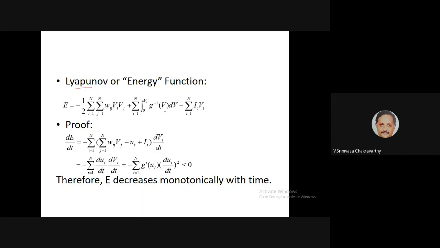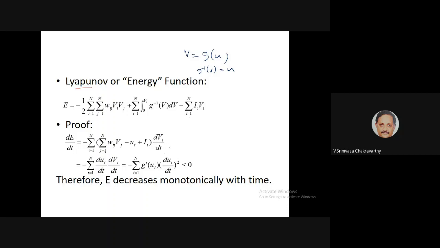For the second expression, v is equal to g of u, so g inverse of v is equal to u. So the derivative of the integral is simply g inverse of v, which is u. So you have minus u here, because the minus sign has come out. And then Ii will come out, and dvi by dt will also come out here.